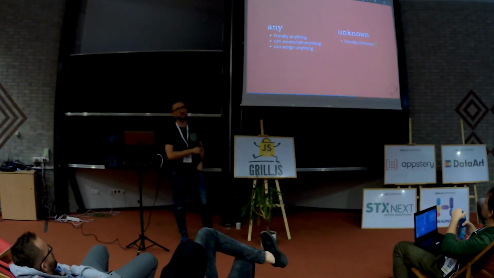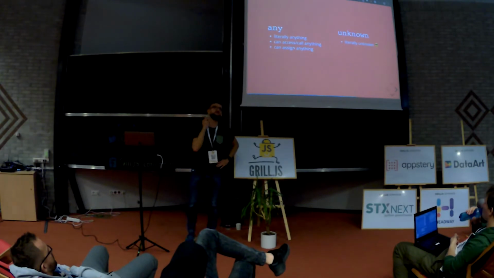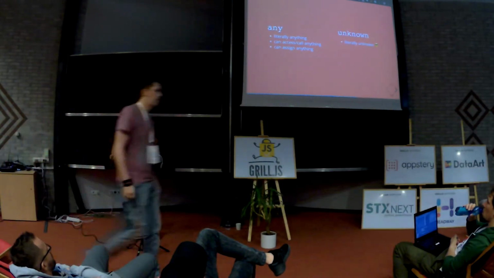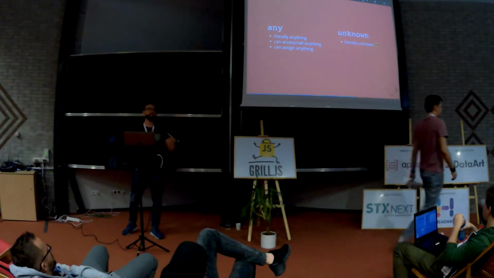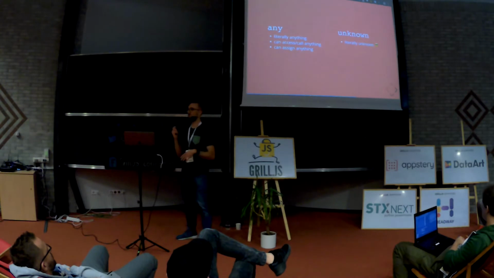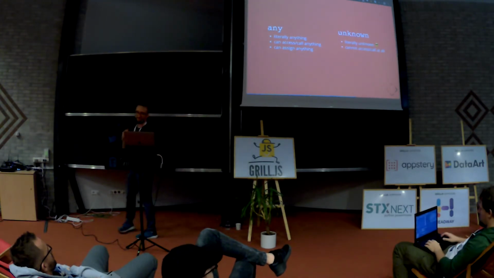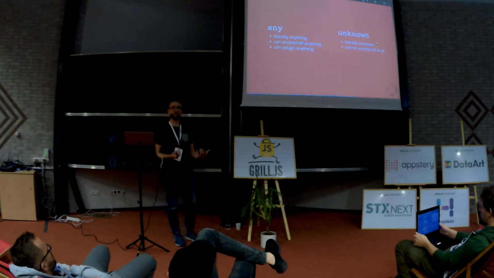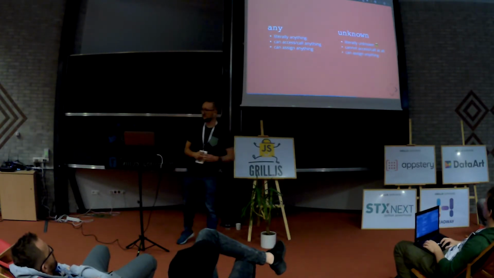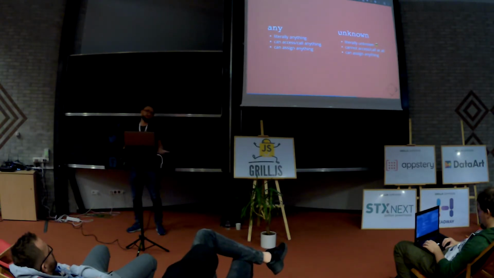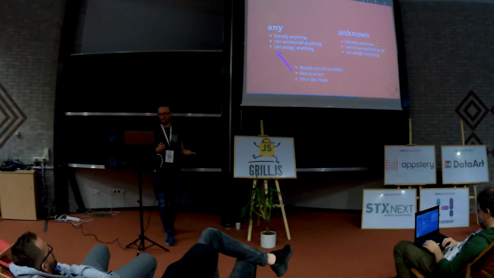The unknown, which is from TypeScript 3.0, as I remember, please correct me if I'm wrong, is literally unknown. You're just claiming that you don't know the type, you don't know what it is, so you shouldn't be able to access or call anything from it because you don't know what it might be. But you can assign anything to unknown because it's still unknown, right?